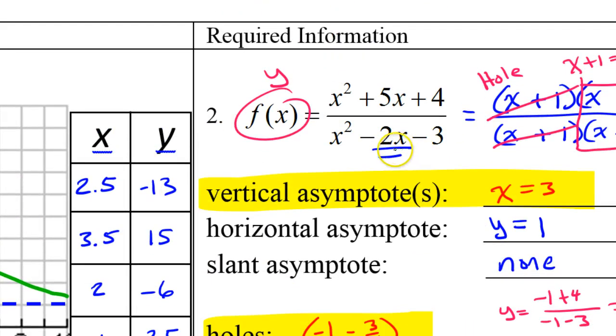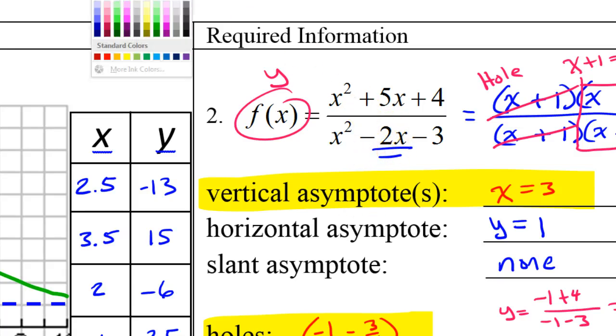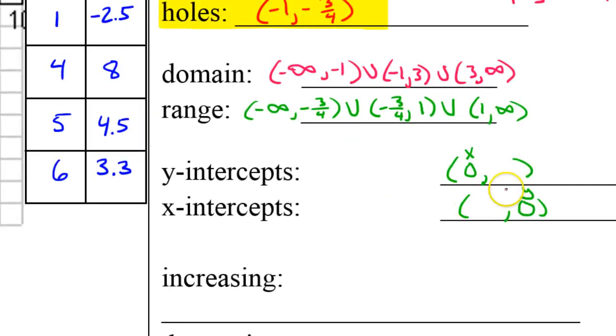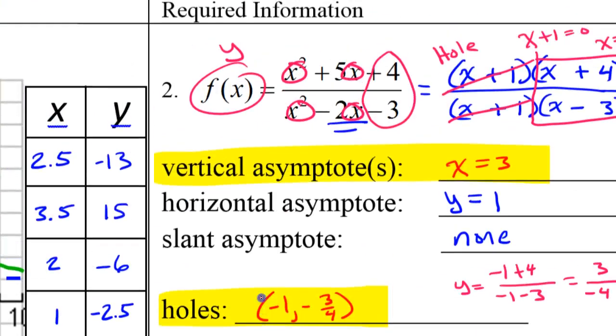If I let x be 0, that would mean I'd have 0 here, here, here, and here. That's just going to leave 4 over negative 3, which is the same thing as negative 4/3. So I let my x be 0 and I get the y-intercept. If I let the y be 0, I get the x-intercept.